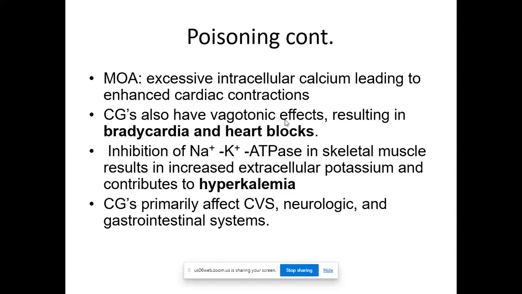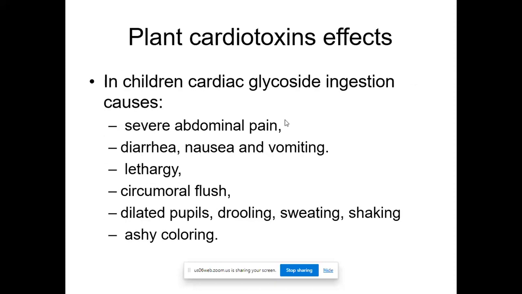Inhibition of sodium potassium ATPase in the skeletal muscles results in increase in extracellular potassium and contributes to hyperkalemia. And hyperkalemia will also contribute more to the bradycardia and arrhythmias. CGs primarily affect the cardiovascular, neurologic, and gastrointestinal systems because of those electrolyte imbalances.